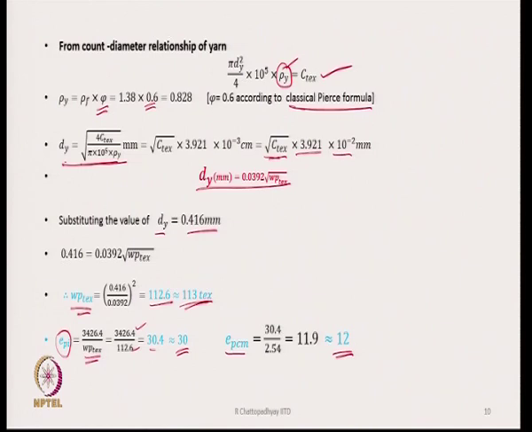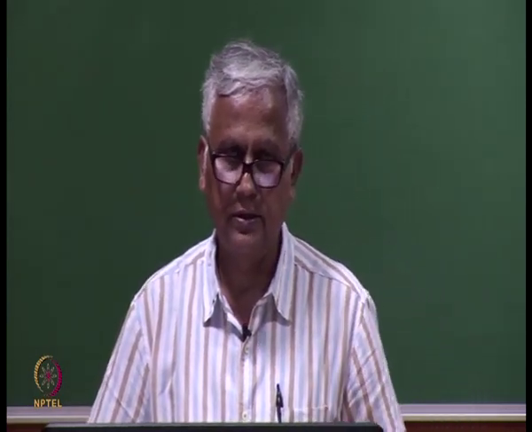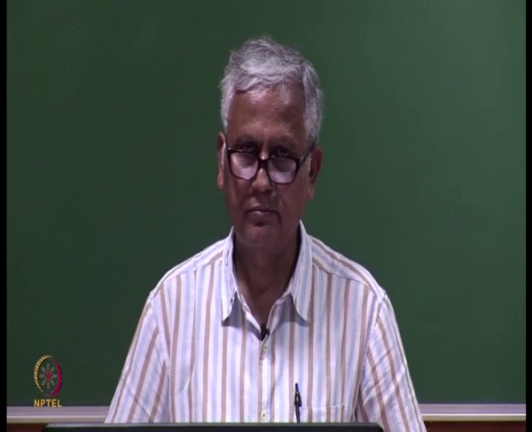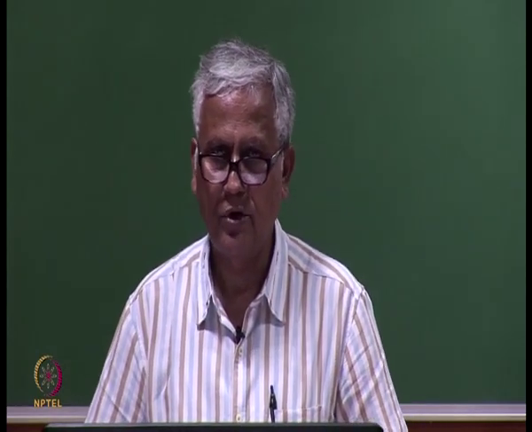So, based on certain assumptions, we are in a position to estimate certain parameters, and these are initial estimates, they are not the final estimates. Now, with these estimates we can think of making a fabric and studying whether it is meeting the requirement of strength and GSM or not.